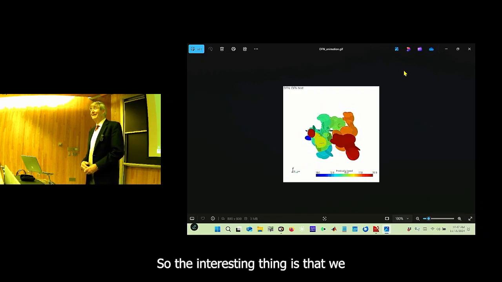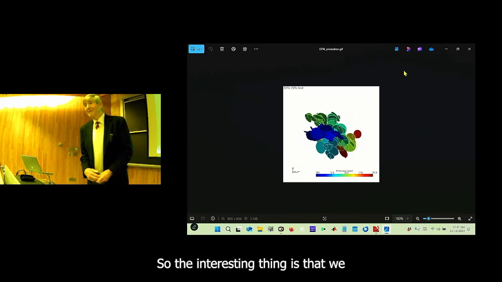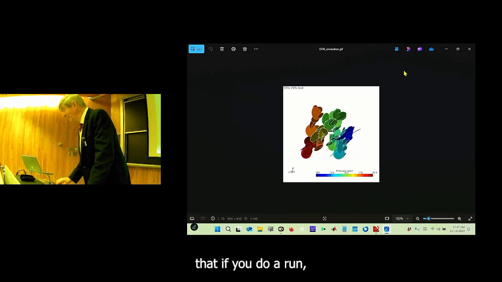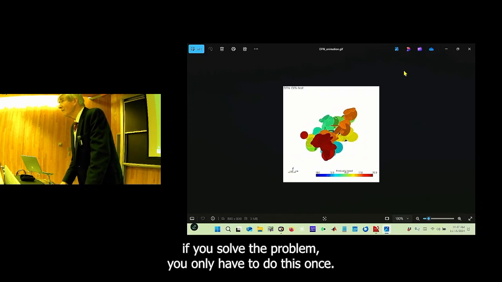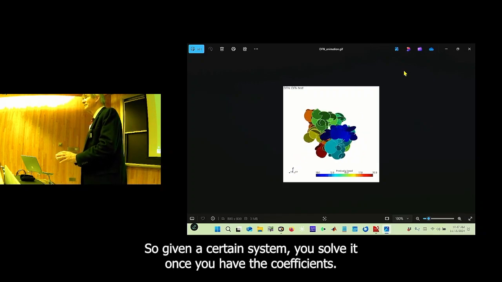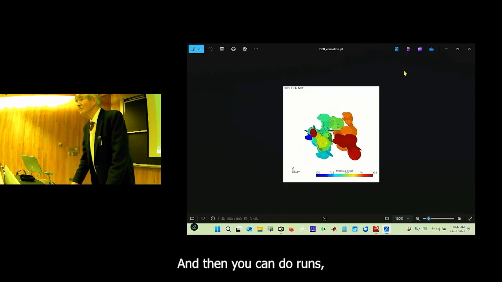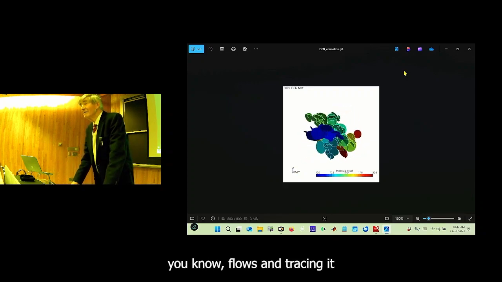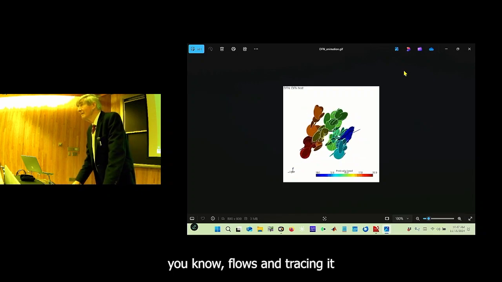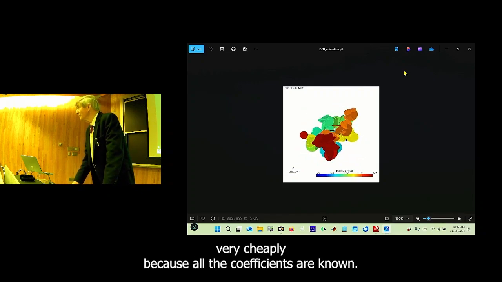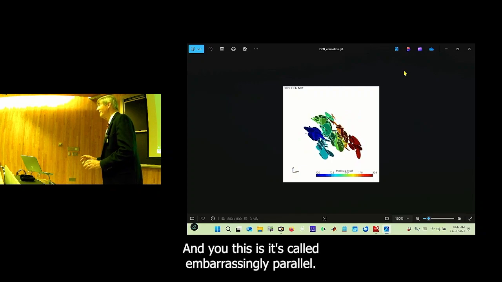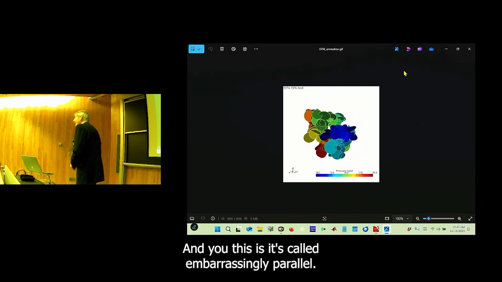So the interesting thing is that if you solve the problem, you only have to do it once. Given a certain system, you solve it once. You have the coefficients. And then you can do runs, flows and tracing it very cheaply because all the coefficients are known. And it's called embarrassingly parallel.